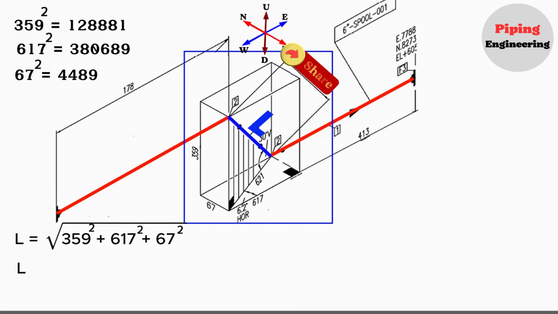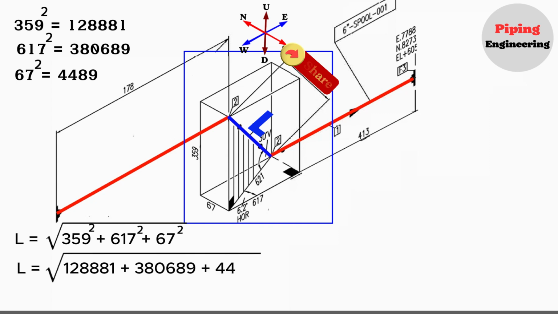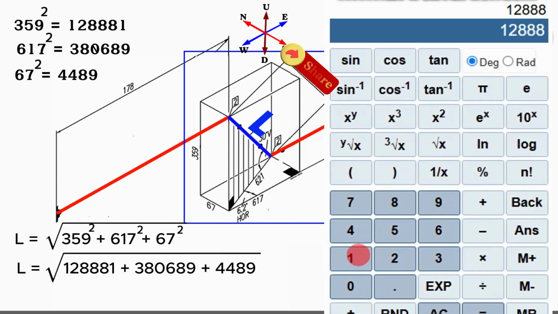L equals the square root of 128,881 plus 380,689 plus 4,489. We are using the calculator and find that 128,881 plus 380,689 plus 4,489 equals 514,059.